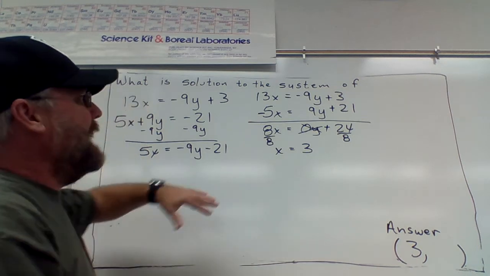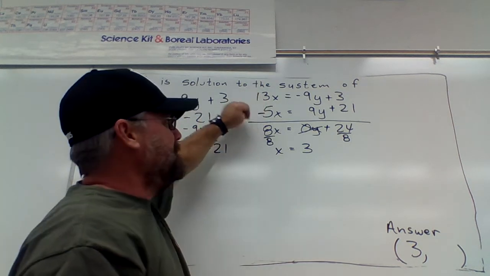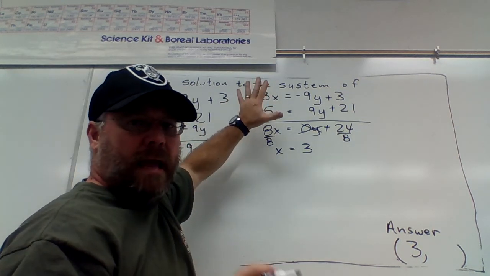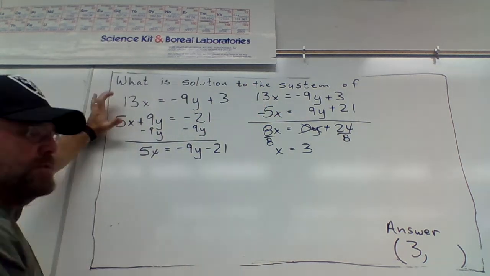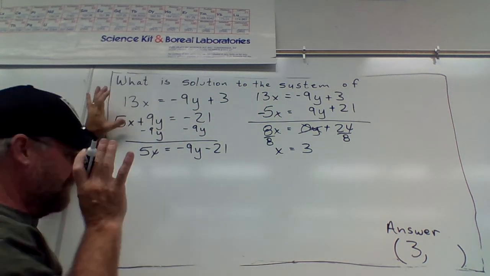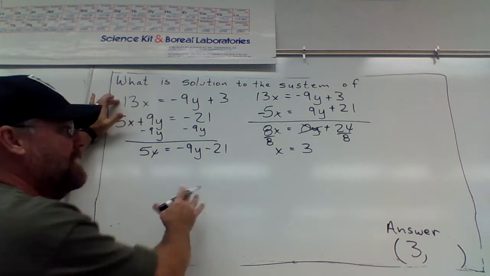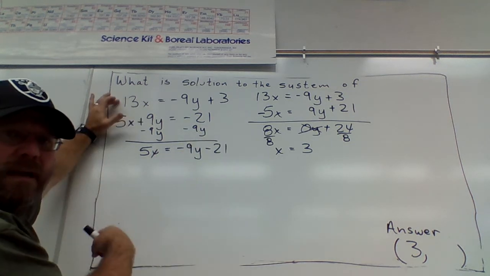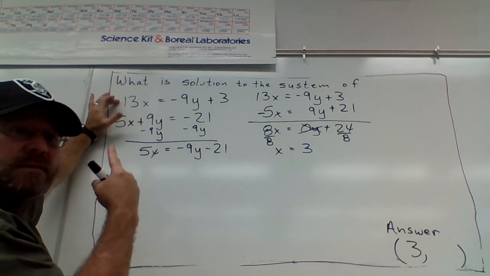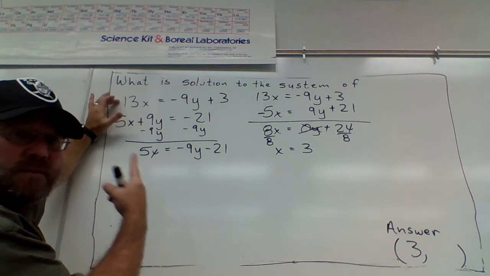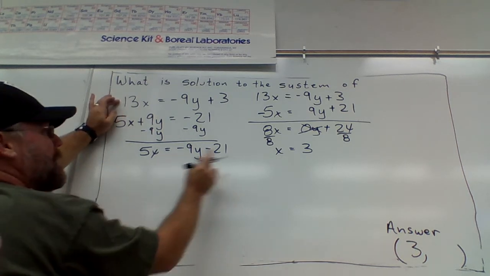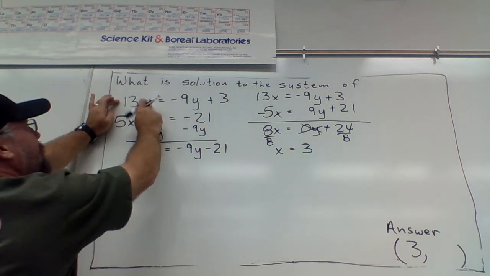Well, I don't like going back into these because maybe I messed with them. So I always like to go back to the original problem, make sure I'm still working off the original stuff. It shouldn't matter if you did it correctly, but the original was the one that everything was based off of. So I'm going to plug that 3 in for the x here.